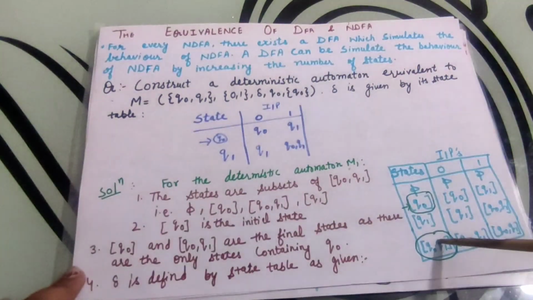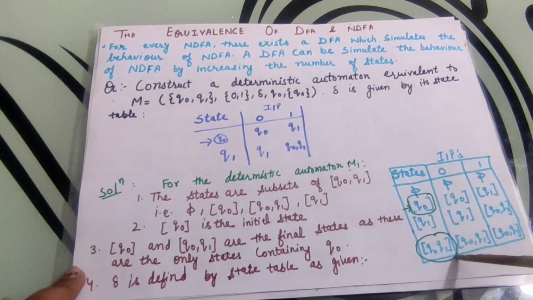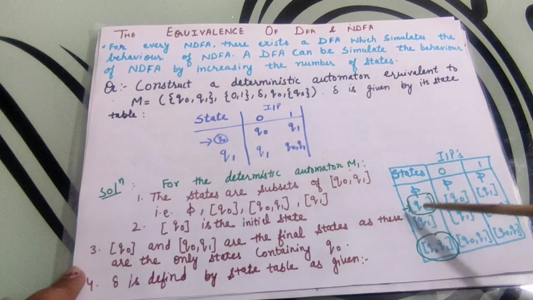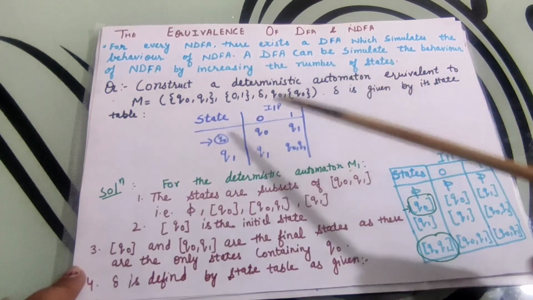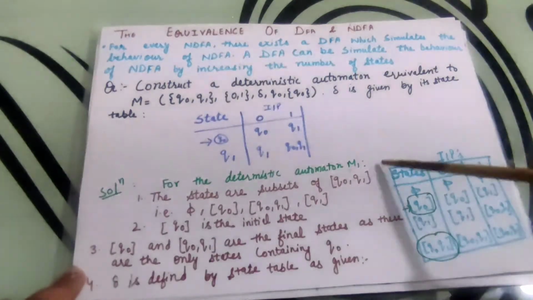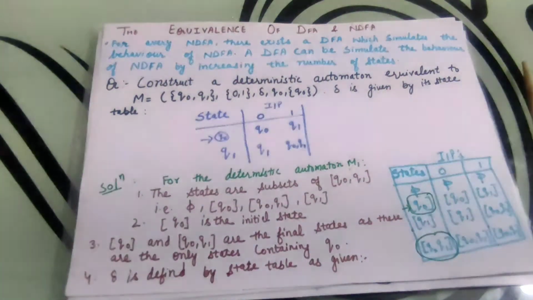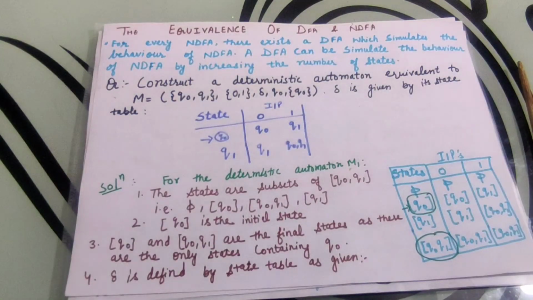Third, we determine that Q0 and Q0, Q1 are the final states, as both contain Q0, which is the final state in case of the NDFA. And the transition of the DFA is defined like this. Hope students, now you are able to understand how we convert the NDFA into the DFA.